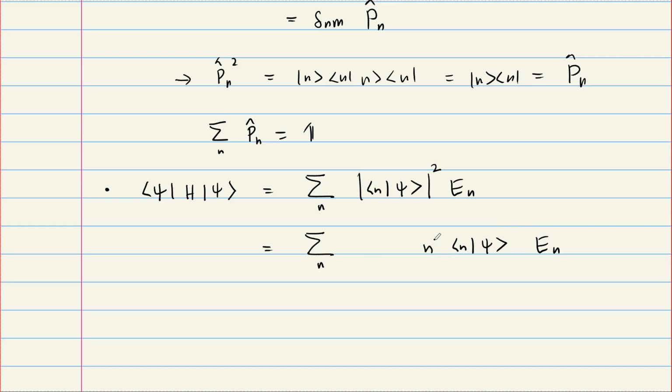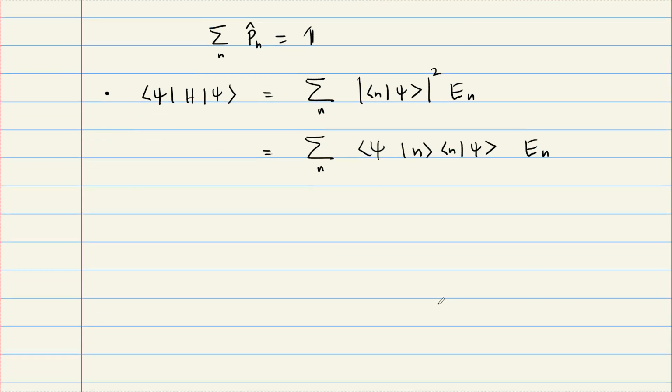The complex conjugate is going to be ⟨ψ|n⟩. And now I do it in one more line. So I can take this ψ out: ⟨ψ|, sum over n, E_n, and the other |ψ⟩. Good.